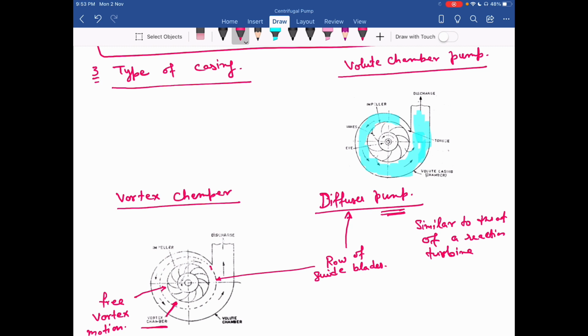Okay, this is similar to that of a reaction turbine. So this diffuser pump we can also call a reaction pump also. This is also called a reaction pump.